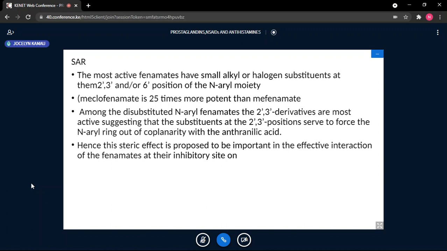So the 5 to 7% is occurring because that position is where the halogen is directing its metabolism and also the amino group at that particular position for the 4 prime.